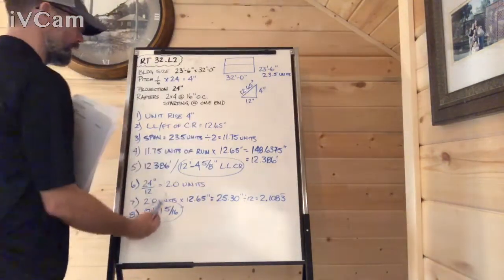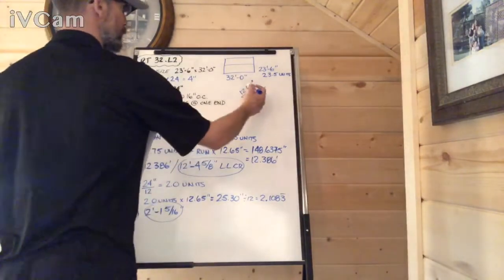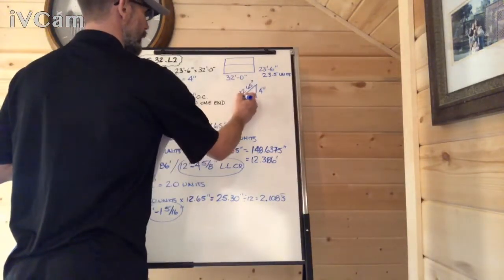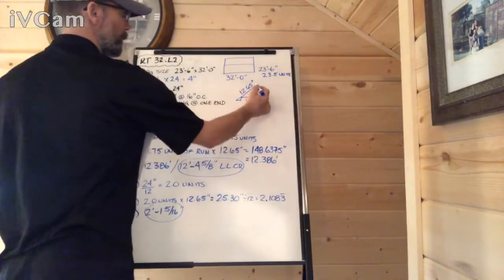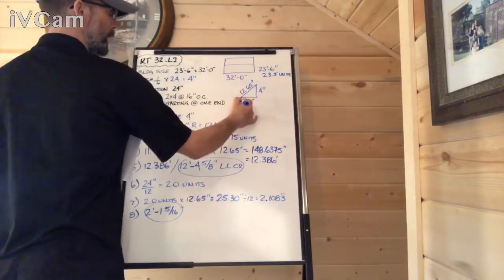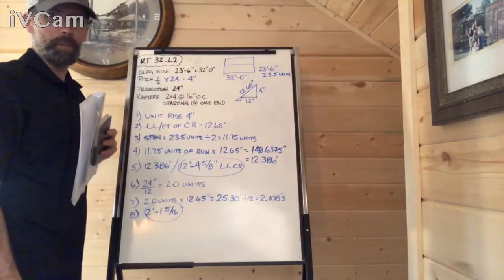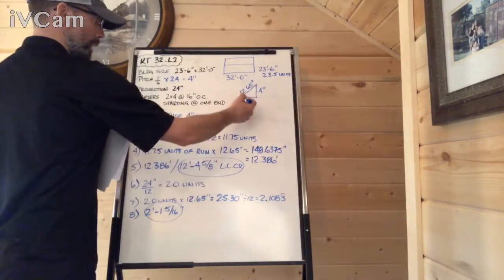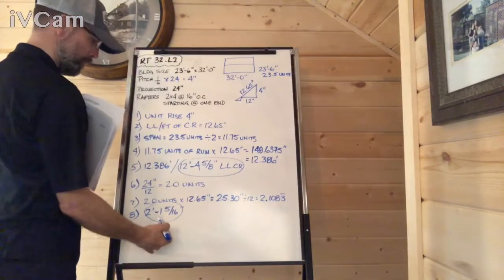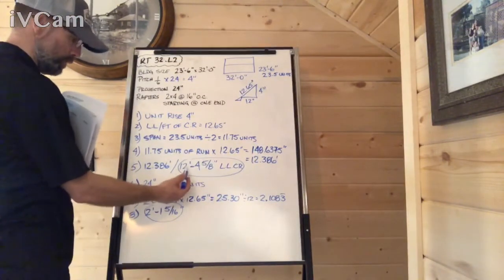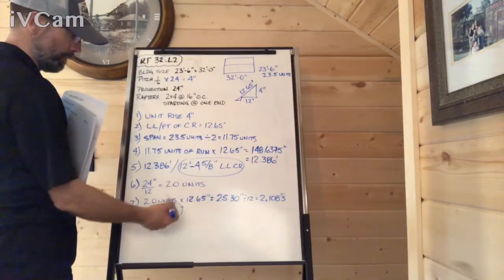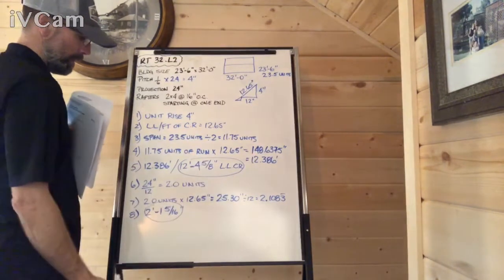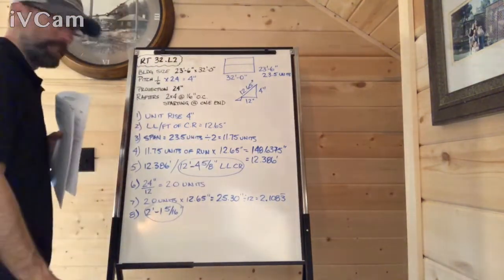We would add those two together to get the total length of our entire rafter from the ridge board all the way to the fascia board. Line length of the common rafter was the first one. Line length of the overhang being 2 foot 1 and 5/16. So 12 foot 4 and 5/8 plus 2 foot 1 and 5/16 is 14 foot 5 and roughly 15/16.